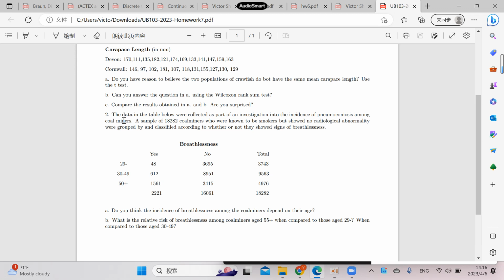So first we have the probability of aged under 29, then we have another probability, the probability of breathlessness.